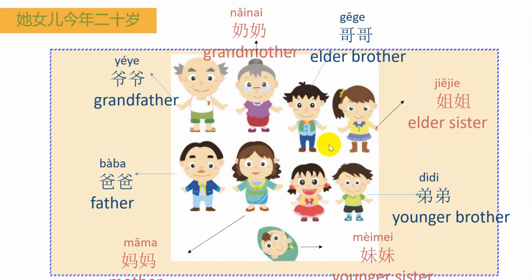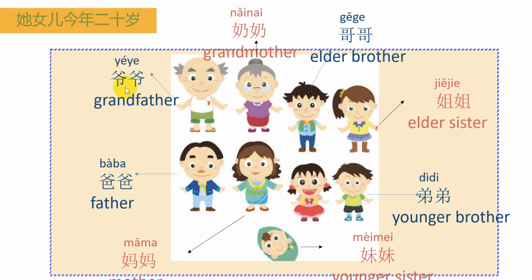We can see how many people are in her family. 她家有几口人? 她家有9口人。那他们是谁? Who are they? The first one, from this one.